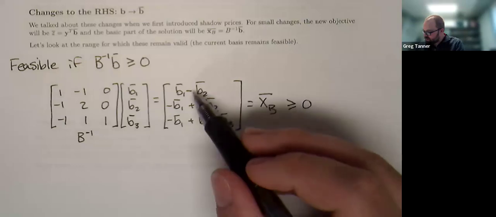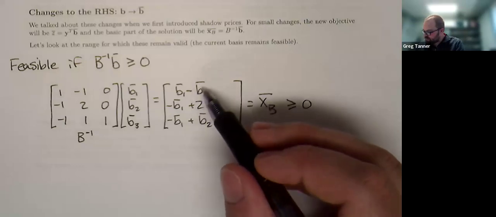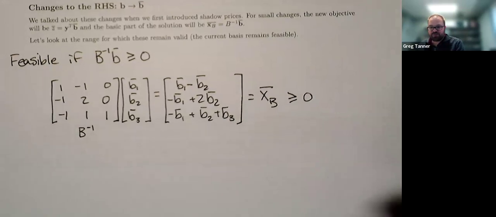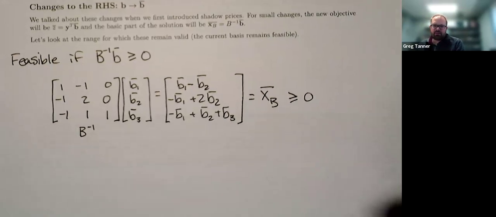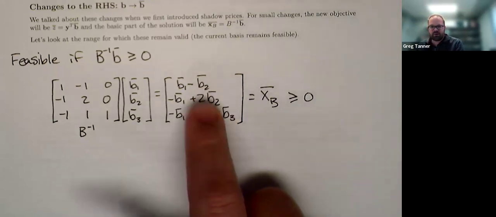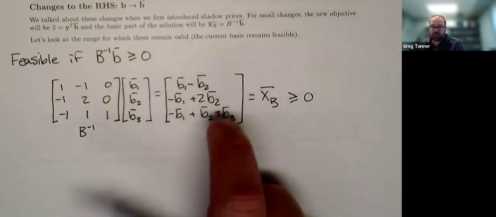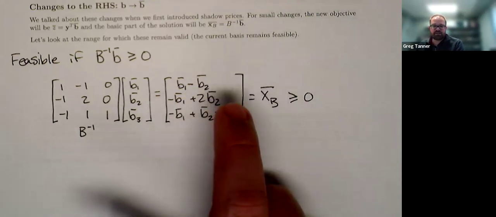So we get 3 inequalities, and each of these needs to be greater than or equal to 0. If you had a specific set of changes, you could evaluate all those changes simultaneously.